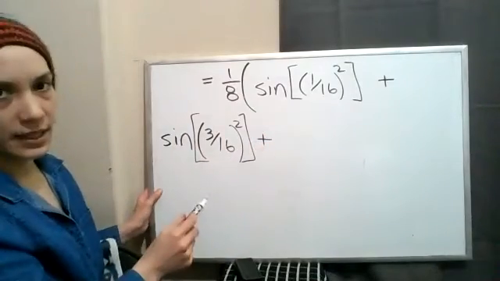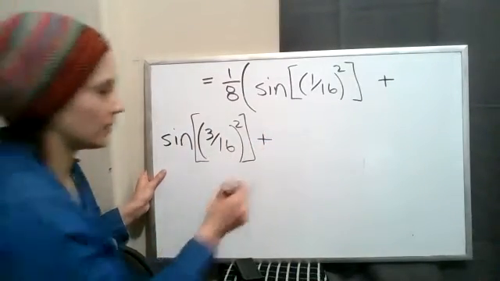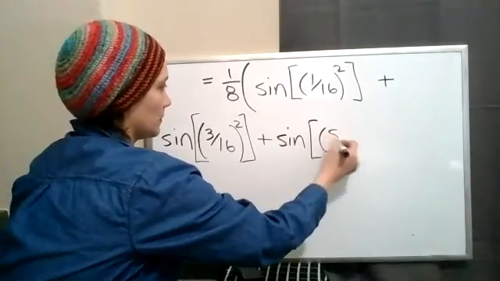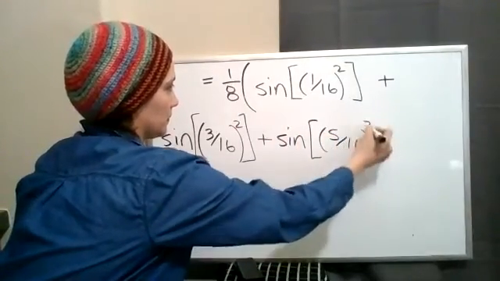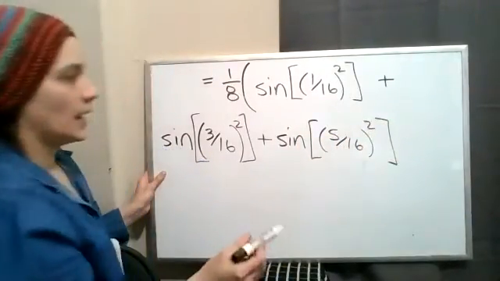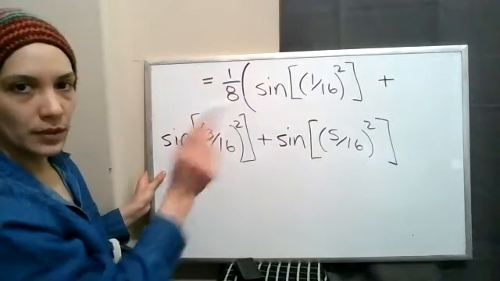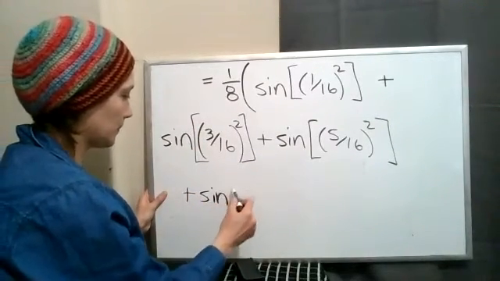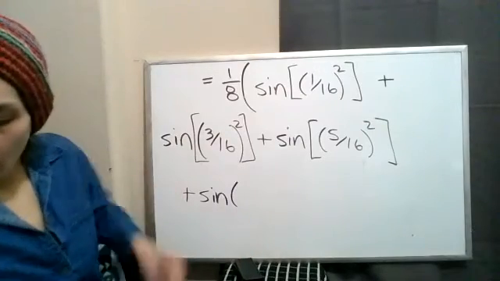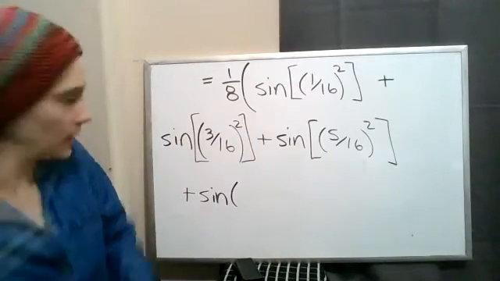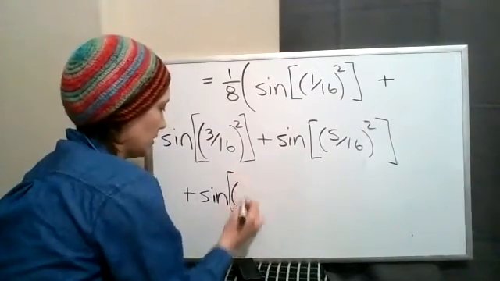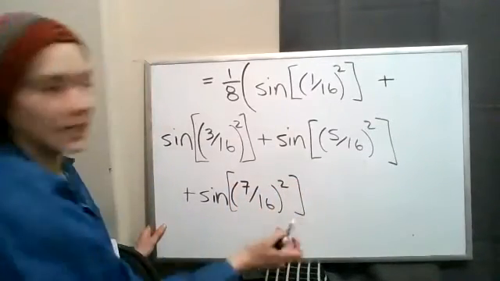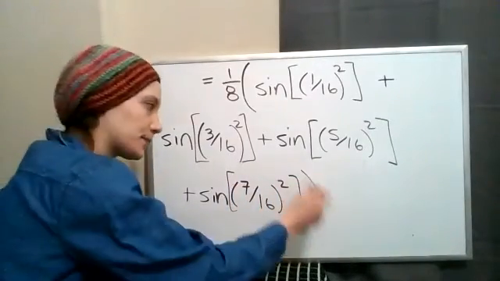And putting in sine of 5/16 squared. And then another one, 3, 5, and 7 over 16. Okay, then we close the parentheses.